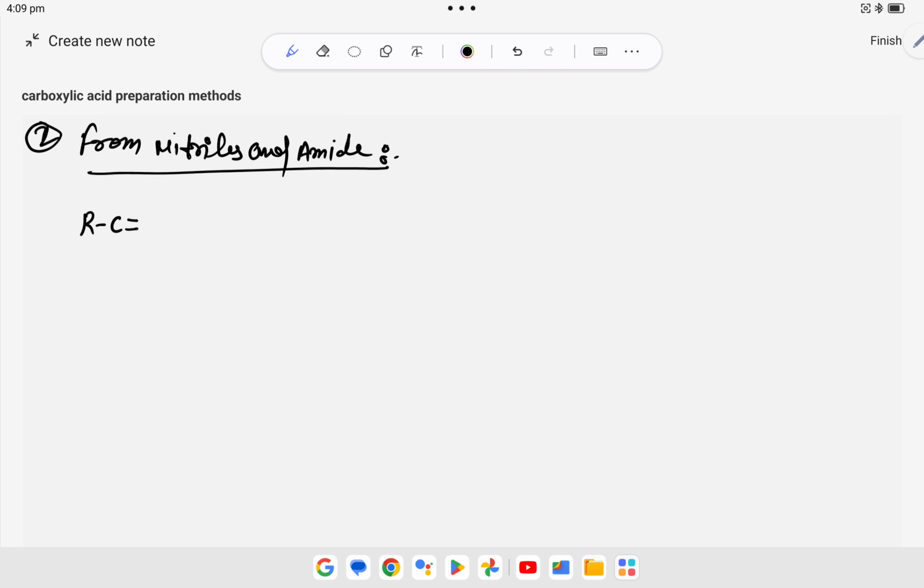R C triple bond N, in acidic or basic medium, if you are adding water, then RCONH2, amide formation will be done.